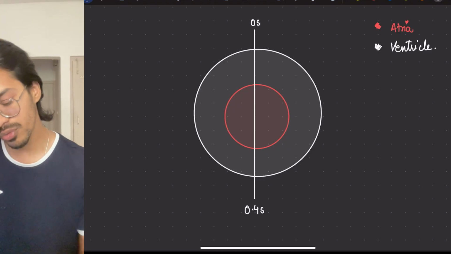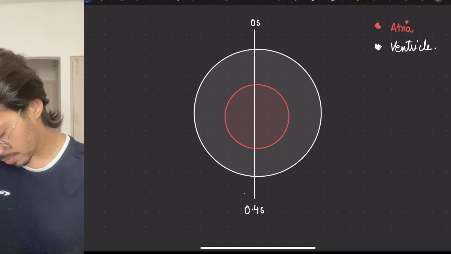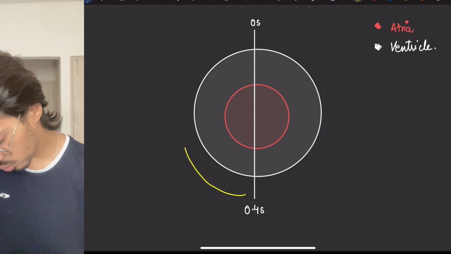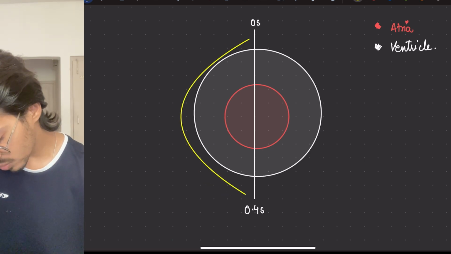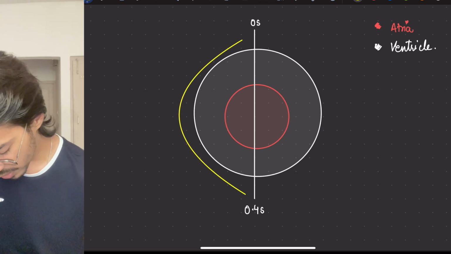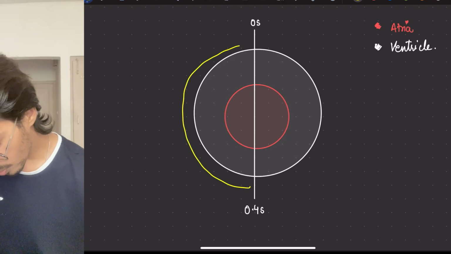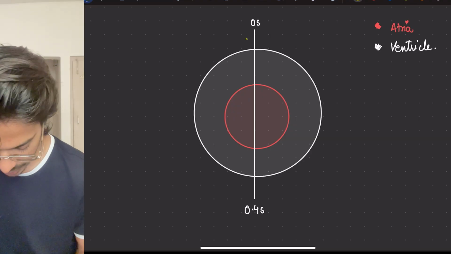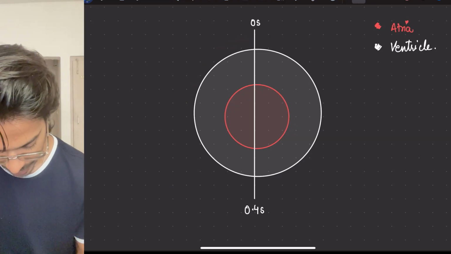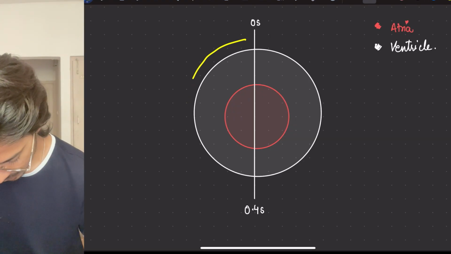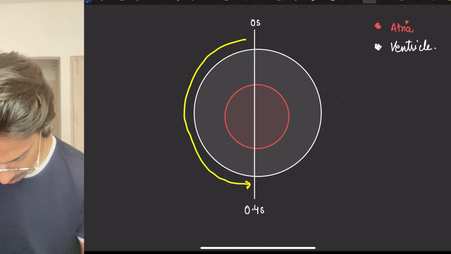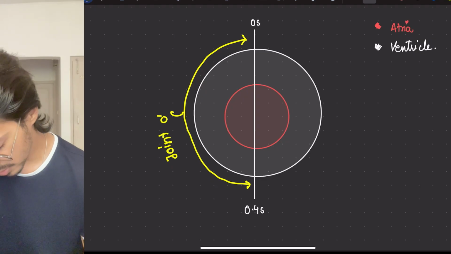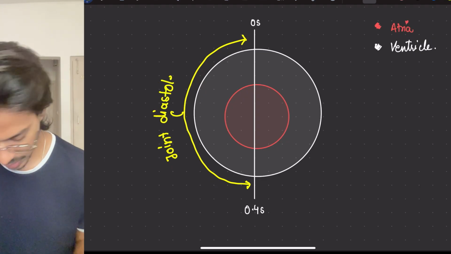The rest of the time is where the diastole is taking place. So from here to here, I will make it with a thicker line. This is joint diastole.